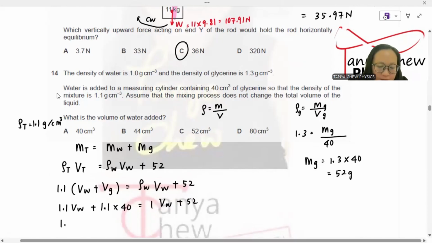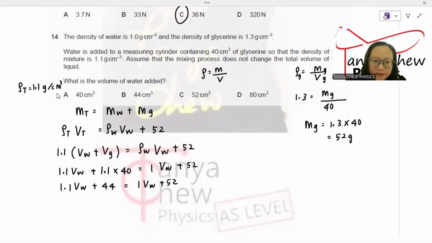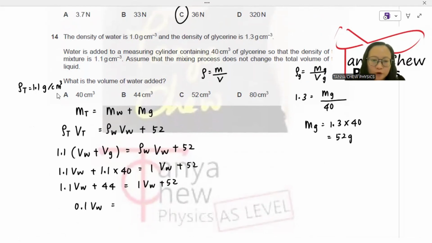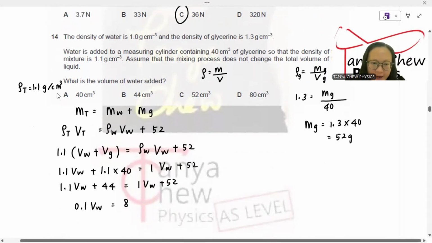Now I simplify: 1.1 volume of the water plus 44 equals 1 volume of water plus 52. Then 1.1 minus 1 gives 0.1 volume of the water, and 52 minus 44 gives 8. Volume of the water will be 8 divided by 0.1, which gives you 80 cm cubed. So the answer is D.